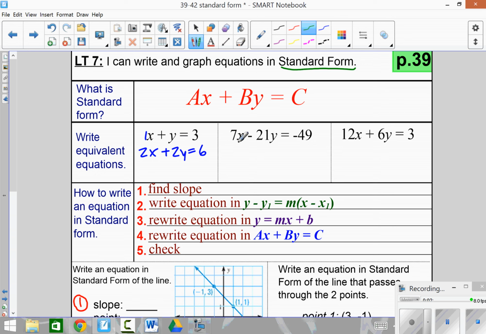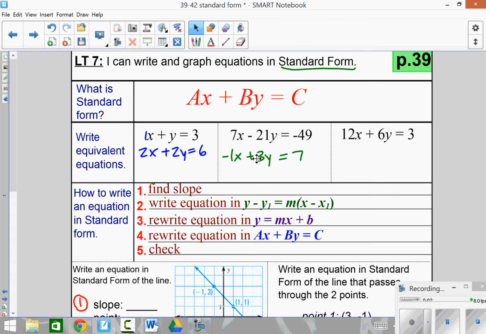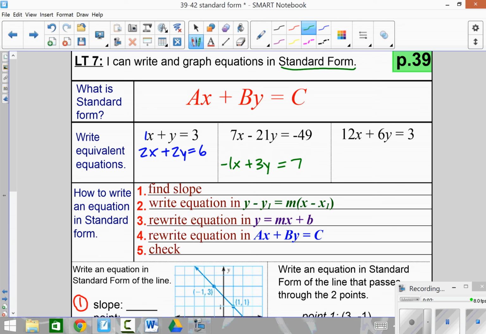Well, let's see if you can see what I'm doing here. I'm going to write negative 1x plus 3y equals 7. So, what did I do here? How are these two equivalent? What is the one change that I did? Well, what I did is I divided each term by negative 7.